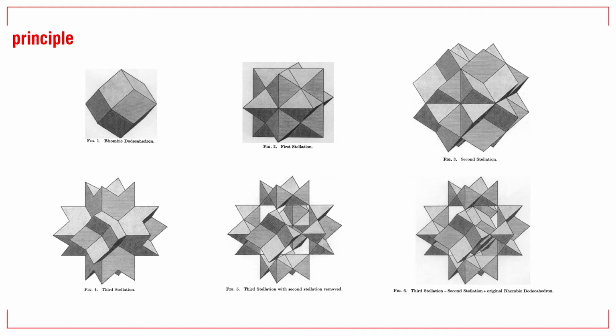This is quite interesting, as the Catalan solid of this rhombic dodecahedron has multiple recursive forms in which the stellations could go beyond and form these complex polyhedrons.